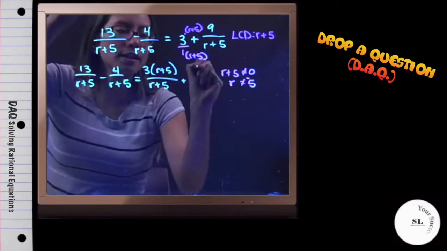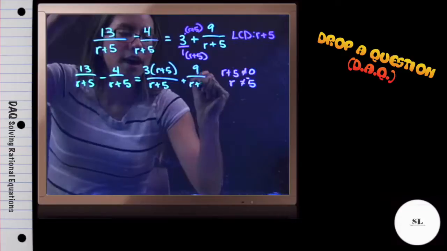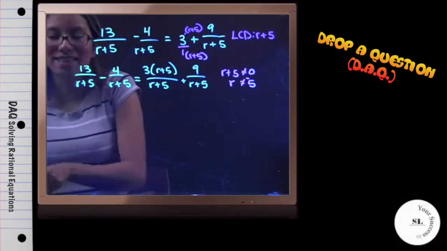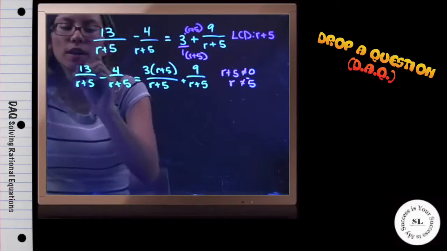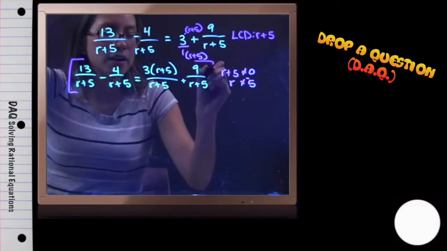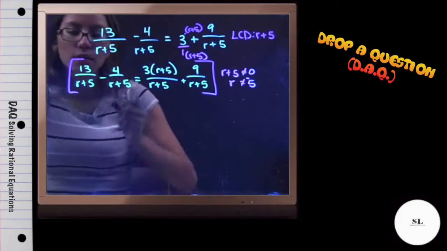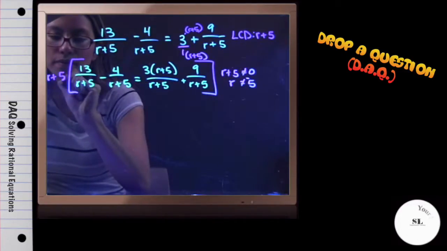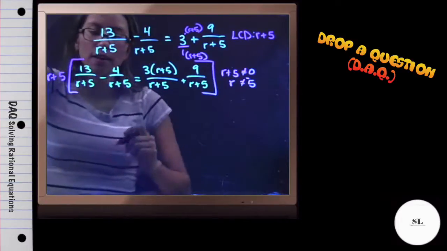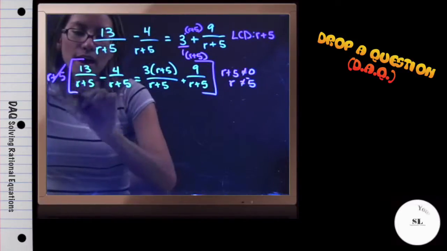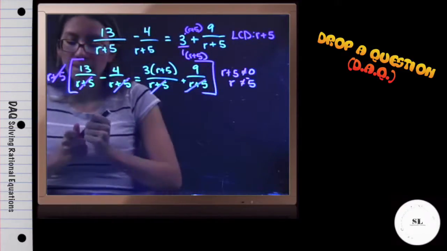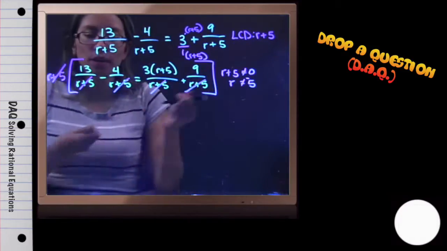And what you'll notice is that now we have every term under the same denominator, which is what we want, because now it's easy to cancel them all by multiplying the entire equation by the LCD, which, as we found earlier, was r plus 5. By doing this, we simplify the equation much easier. Every term gets canceled out, denominators, which leaves us with just the numerator.